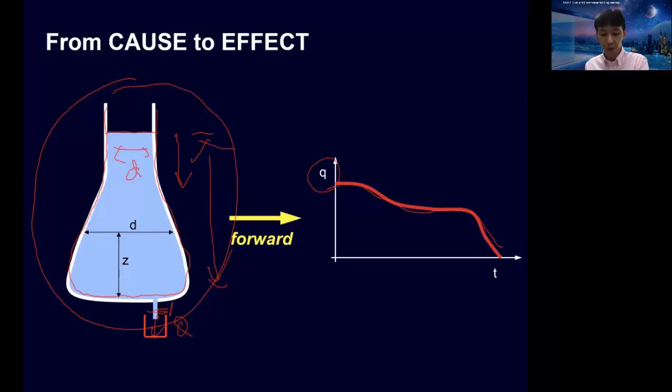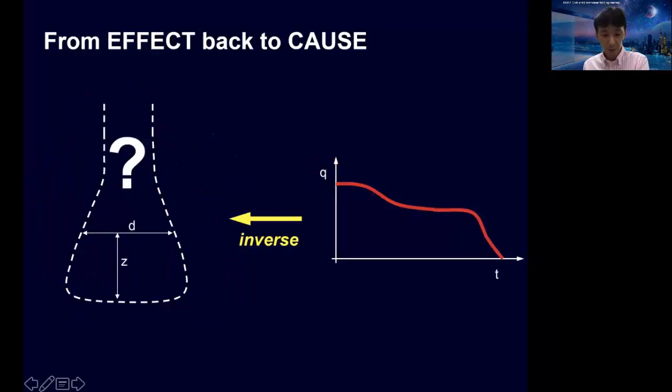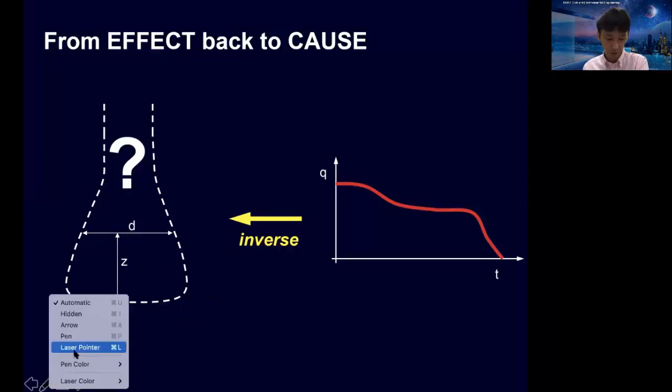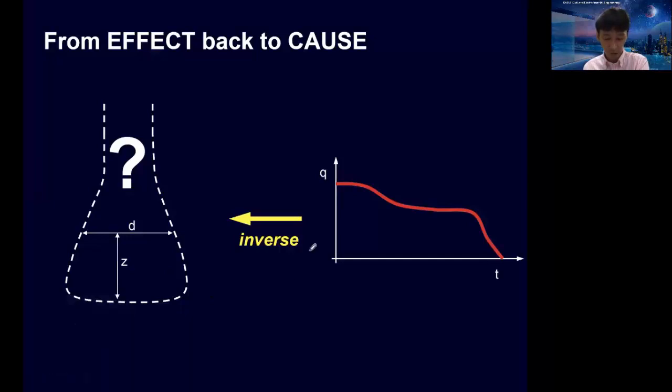So in this case, it will be a forward problem because you know the input and you know the system, so the output that you're curious about is unknown. But what about the other way? Now you have recorded the flow rate here, and we know the input, maybe the water level change, but we don't know the bottle shape.